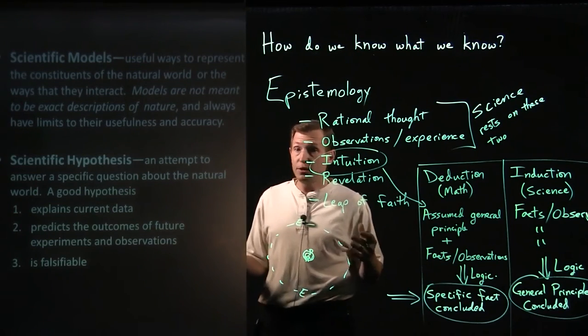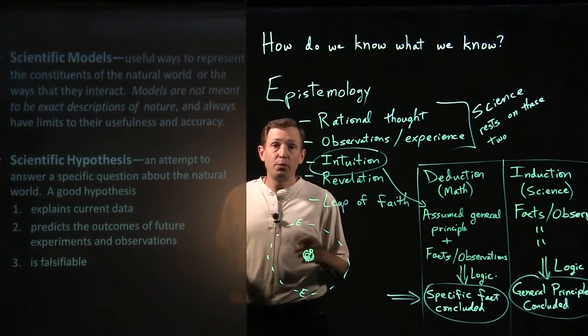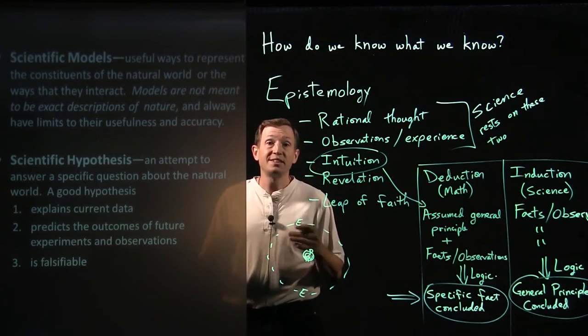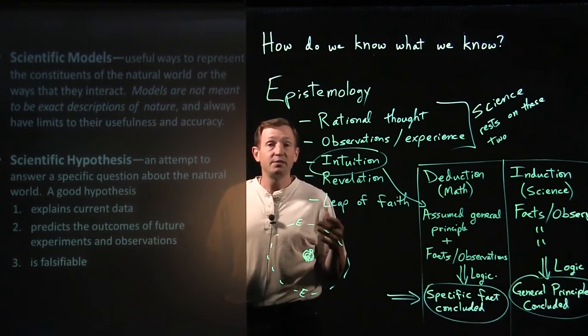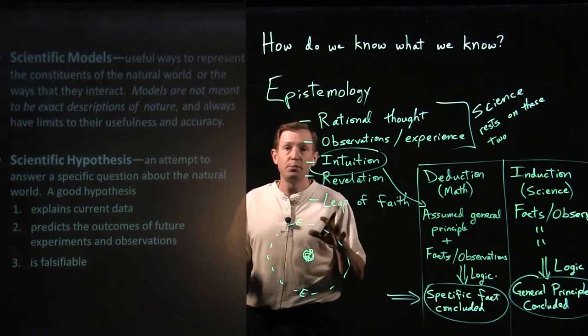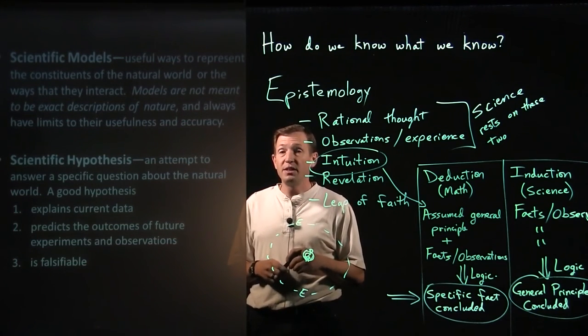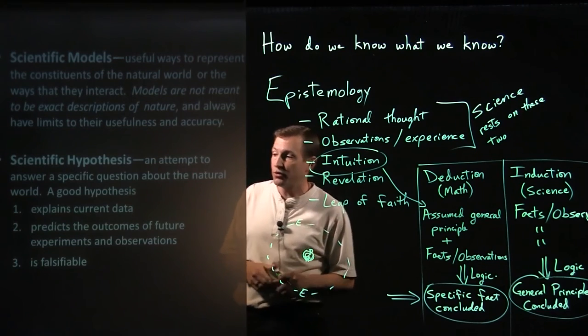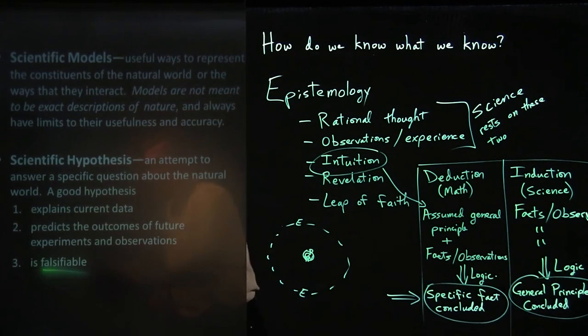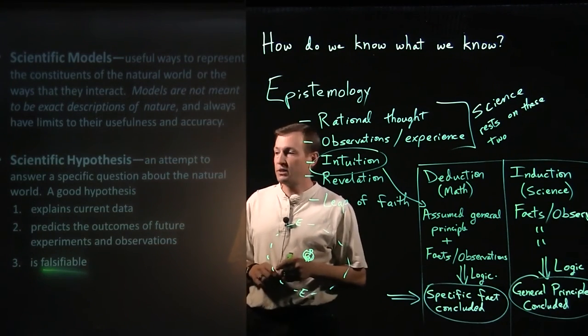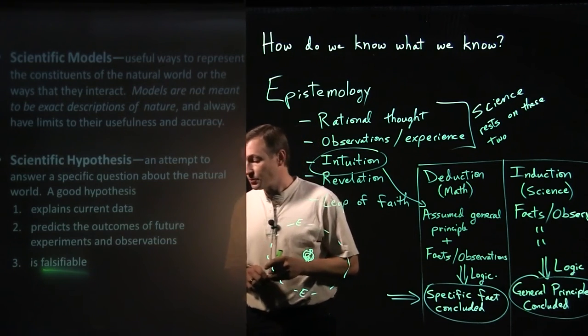And if it's unfalsifiable, it's generally a pretty poor hypothesis. Some scientists say it's not even scientific at that level. There's a little bit of debate depending on which scientist you talk to, but it is definitely not a very good hypothesis if it doesn't meet that criteria of being falsifiable.